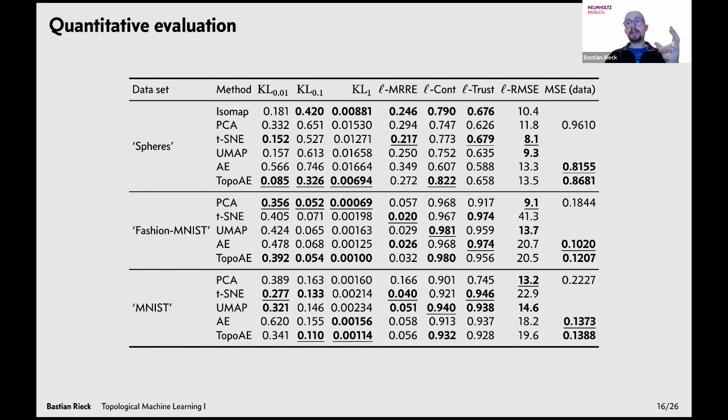So we don't end up sacrificing too much reconstruction quality by using the topological autoencoder framework, which is the relevant thing to consider, right? If you use an autoencoder and you train it, you want to have good latent spaces, but also you want to have good reconstruction, because otherwise it's a little bit weird. So that's about the quantitative evaluation.